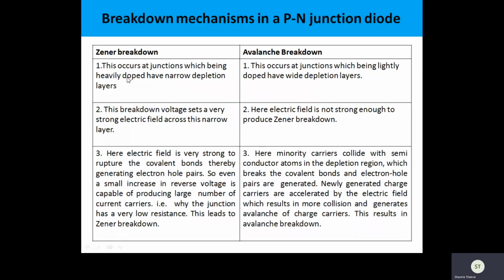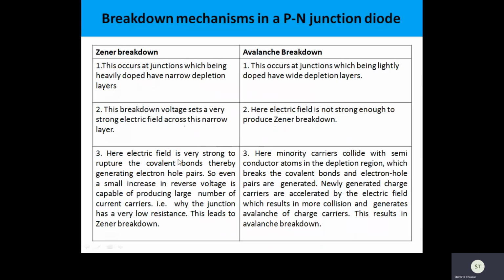Like we have discussed, the Zener breakdown takes place in the case of a heavily doped junction, where we have a narrow depletion layer, whereas the avalanche breakdown takes place in the case of a lightly doped PN junction, where we have a wider depletion layer. In the case of Zener breakdown, a strong electric field is produced, and that is the cause of breakdown. Whereas in the case of avalanche breakdown, the electric field is not strong enough.